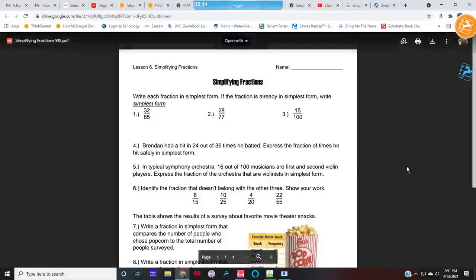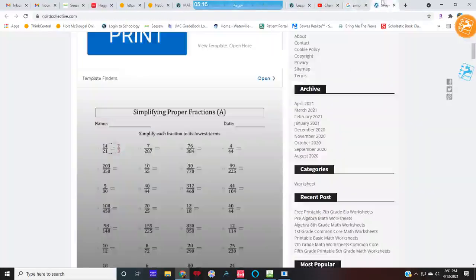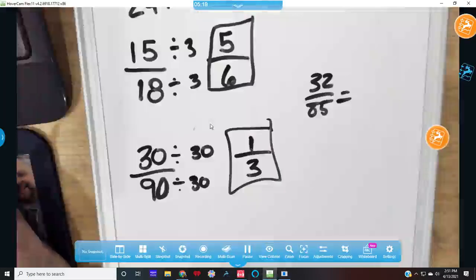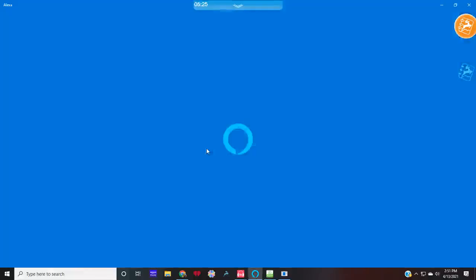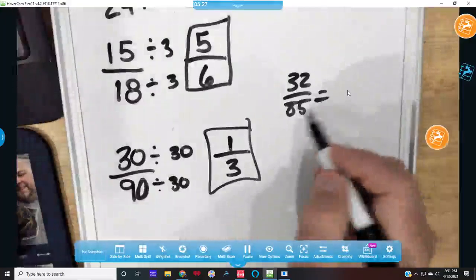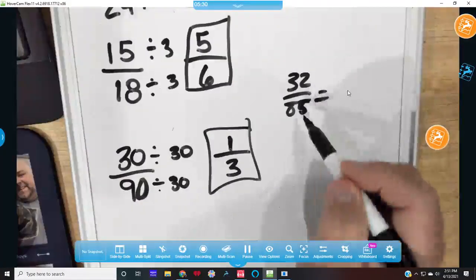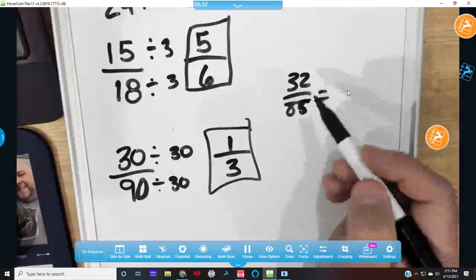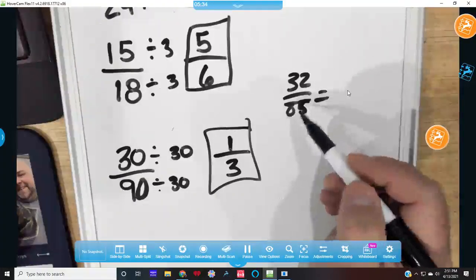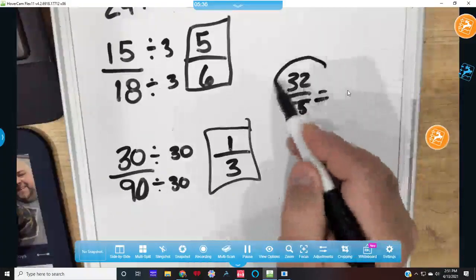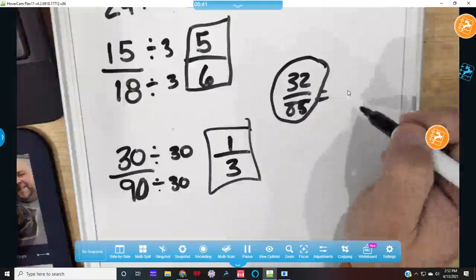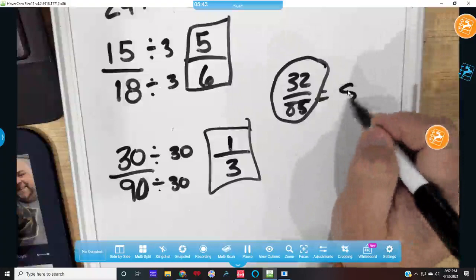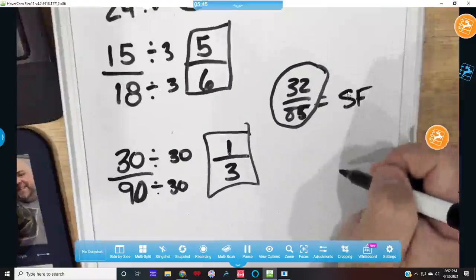Okay? Now, guess what? I can go through and divide this by everything and divide this by everything, and guess what? This is the lowest number I'm going to get. So that's when you write simplest form. Okay? Hopefully this helps.